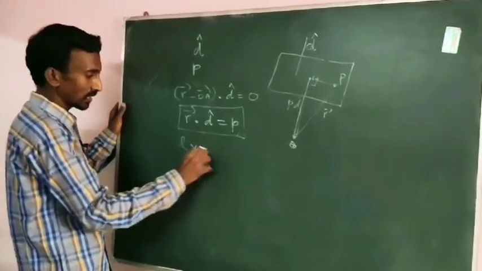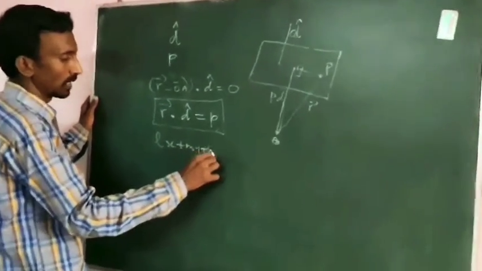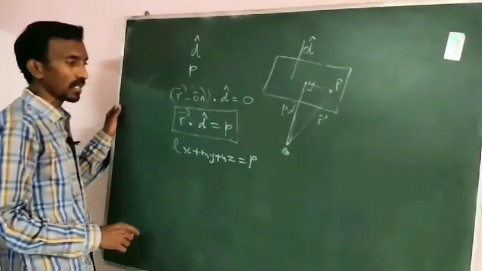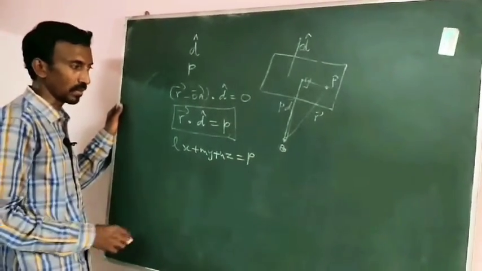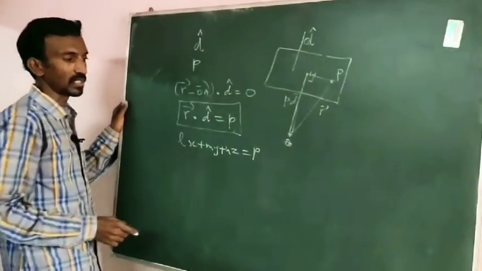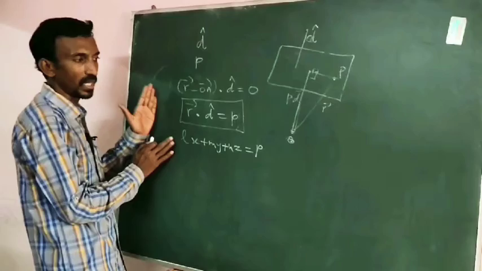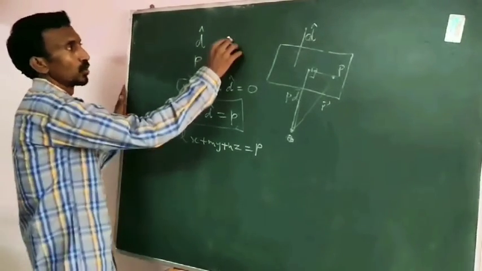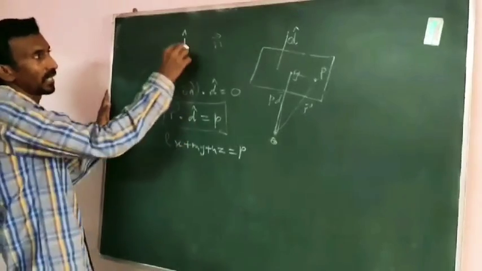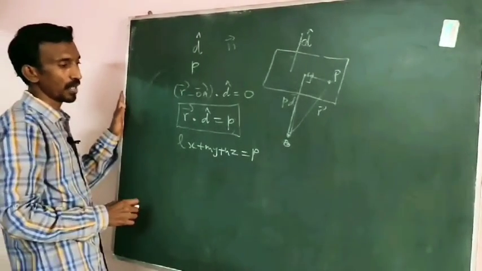Therefore Lx plus My plus Nz equal to P is the Cartesian form of the plane equation when the distance from the origin and a unit normal are given. It is the first type of plane equation. N vector is usually used for normal, but here they are using D cap as the unit normal.